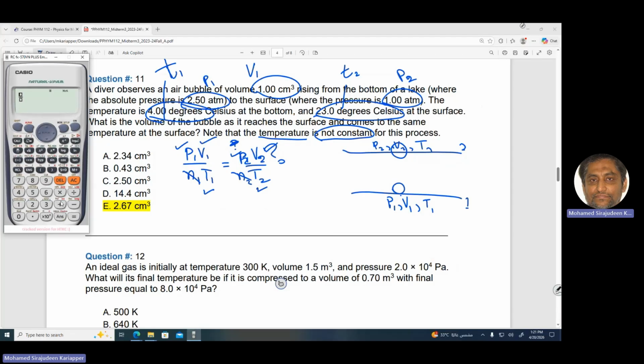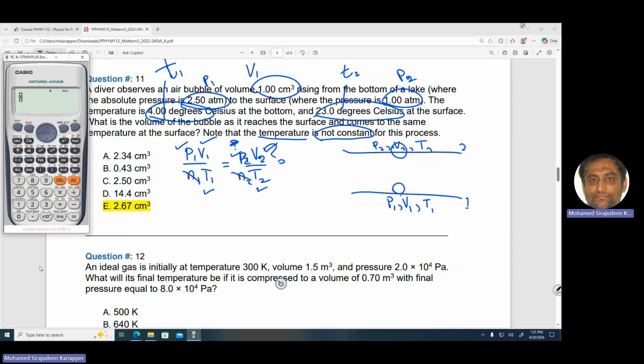Do I need to convert to SI unit? No need, because you have P1 and P2 on both sides. It is no use converting it because whatever the conversion factor will appear on both sides of the equation, they are going to cancel. It is not the same for temperature, okay? You cannot do that to temperature.